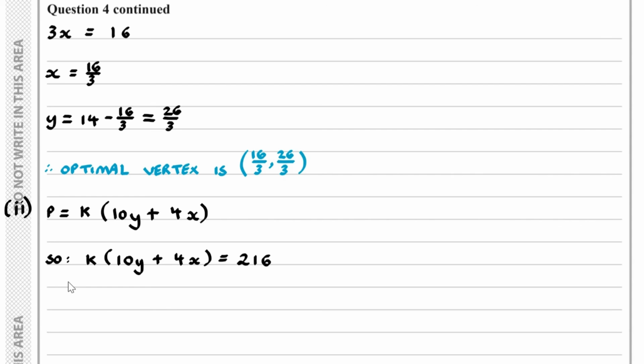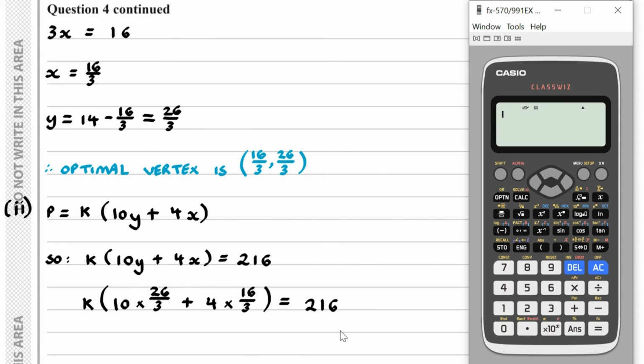equals 216. I know what y is and I know what x is. So I've got k multiplied by 10 times by 26/3 plus 4 multiplied by 16/3, and this is equal to 216.